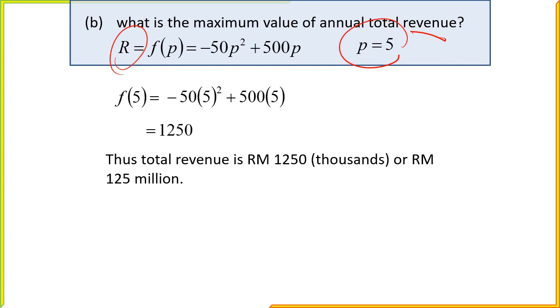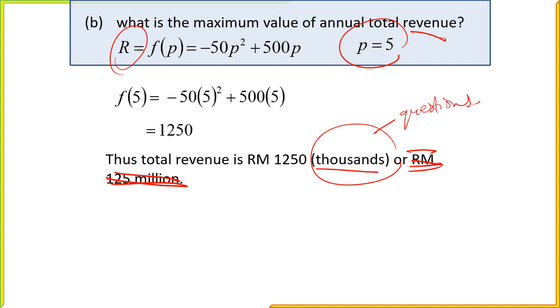So we can conclude that the revenue is RM1250 thousand. So the answer will be RM1250 in brackets (thousand). Why thousand? This is given in the question, so we just follow the question's unit. Don't forget to put the thousand. If you leave it as RM1250 only, you will get the wrong answer.